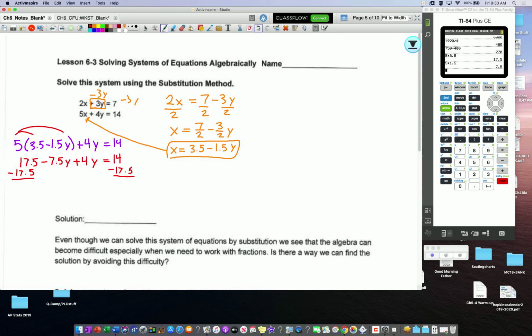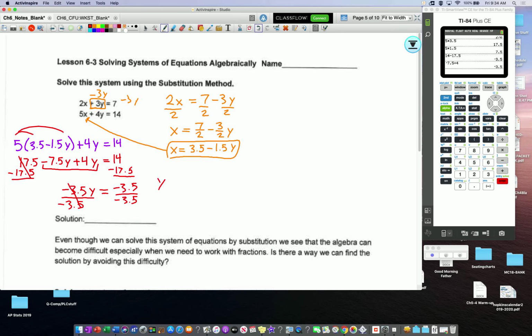These cross out. Now when I combine these, 14 minus 17.5 is negative 3.5. Combine these two together, negative 7.5 plus 4 is negative 3.5. So this is negative 3.5y. I divide by negative 3.5, divide by negative 3.5.